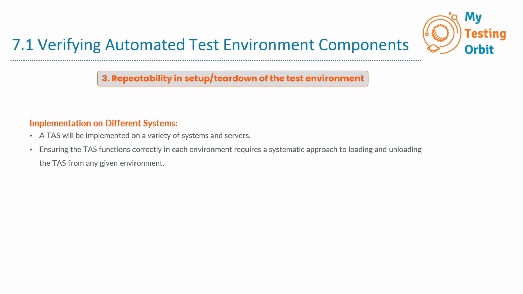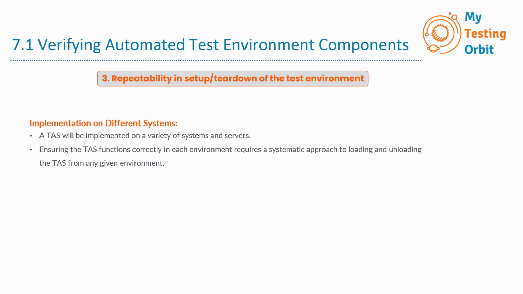The next point is ensuring the TAS functions correctly in each environment requires a systematic approach to loading and unloading the TAS from any given environment. Okay, so let's imagine that any of your favorite games suddenly didn't work on one console, but it's working perfectly fine on another.